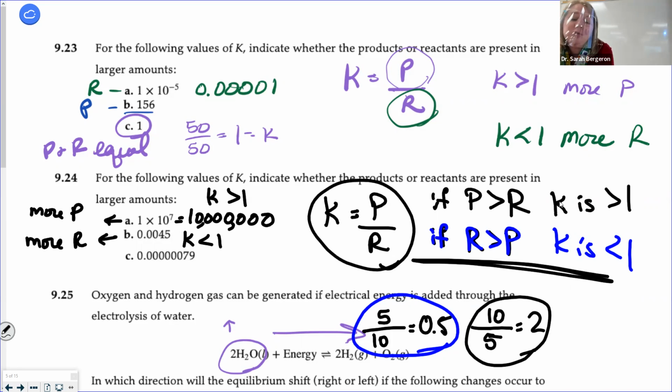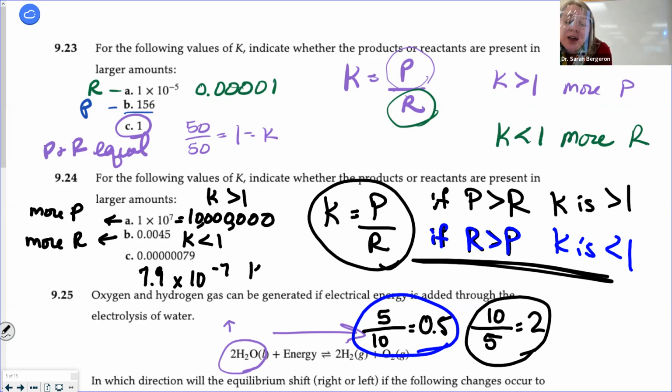Now, I want you to rewrite C in scientific notation. What should it be in scientific notation? 7.9 times 10 to the -7. So if you have something with a negative exponent, what does that tell you? It's less than 1.